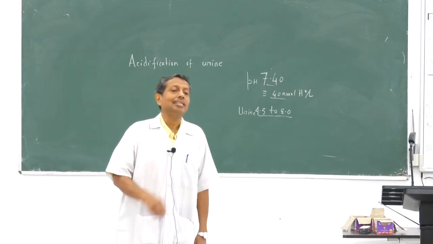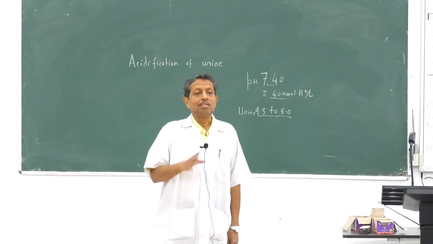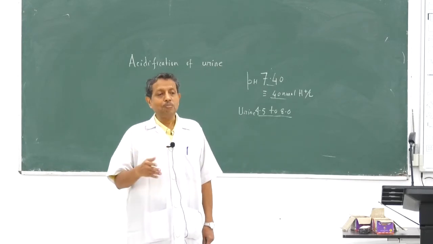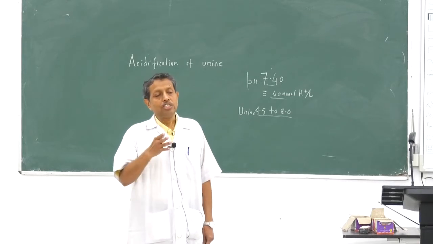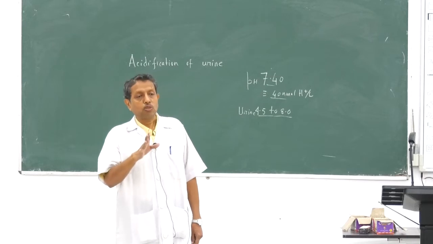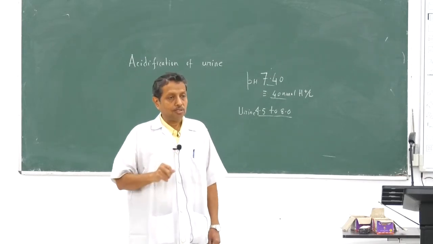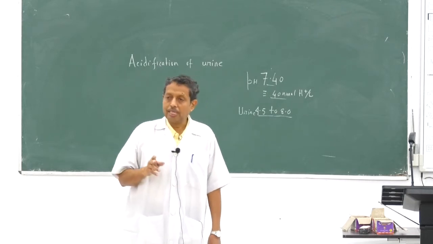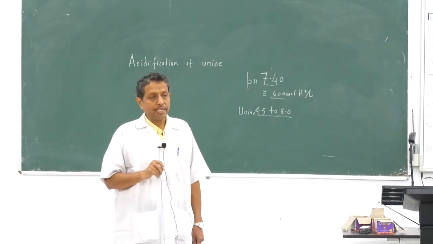And we are taking amino acids, and some amino acids contain sulfur, and during their metabolism, H2SO4, sulfuric acid, is produced. There are also phosphorus containing amino acids, like phosphoserine, and they will generate phosphoric acid.